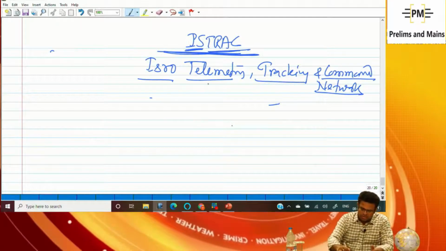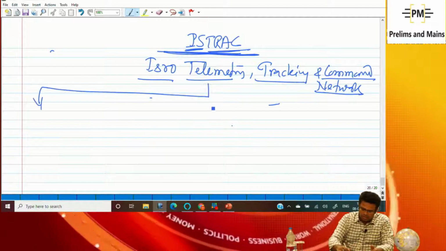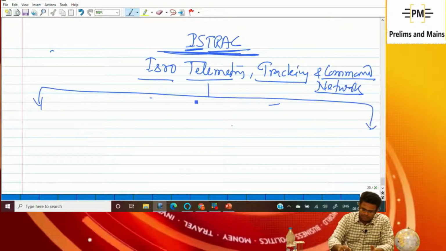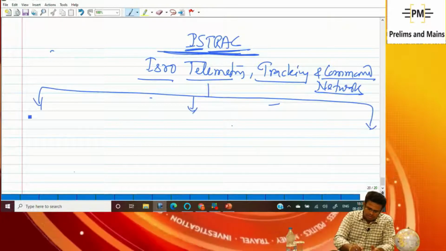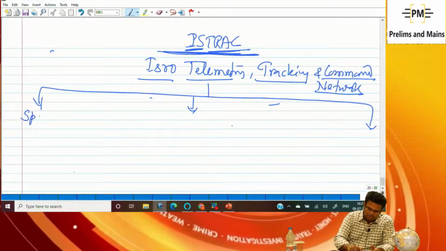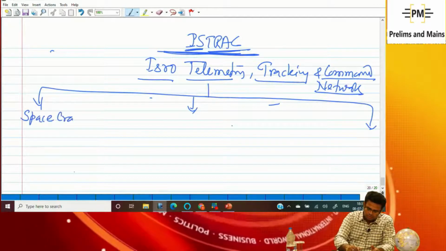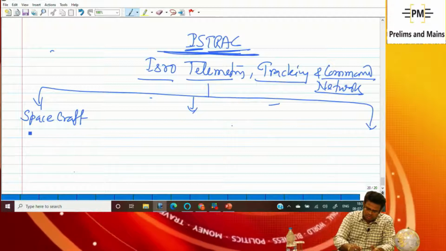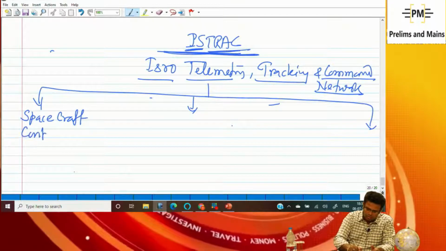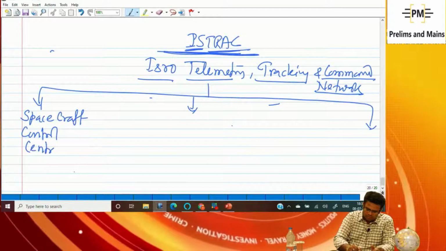So let us see. Here there is a spacecraft control center.